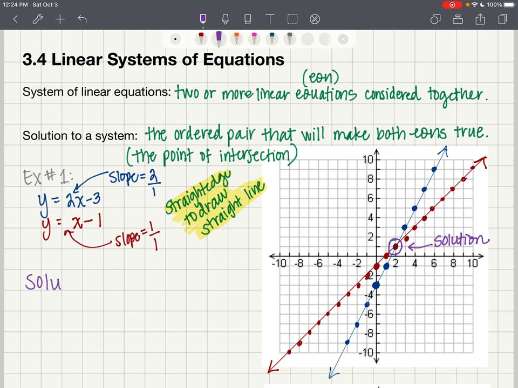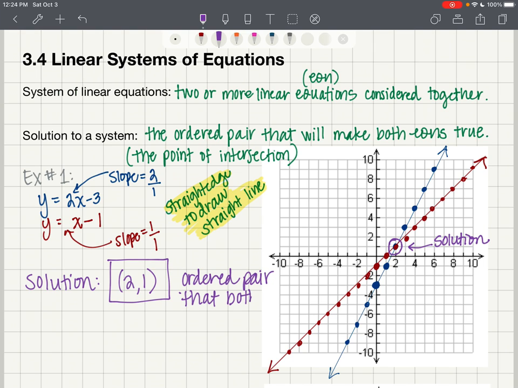So our solution to this problem is 2, 1. 2, 1 is the ordered pair that both lines share. These lines are called intersecting. So we might refer to these lines as just intersecting. There's nothing special about them.